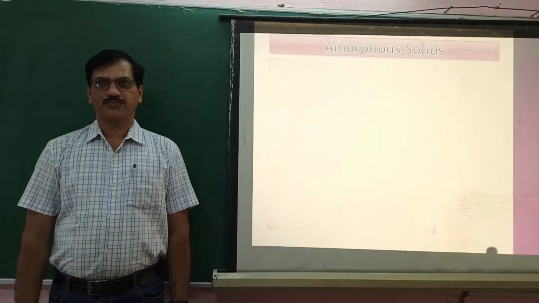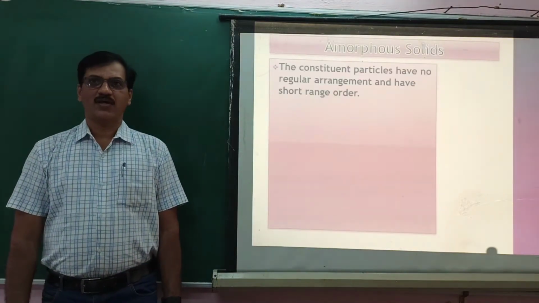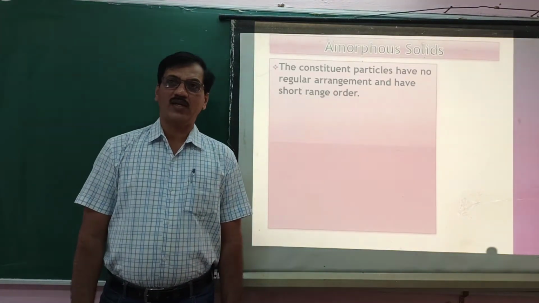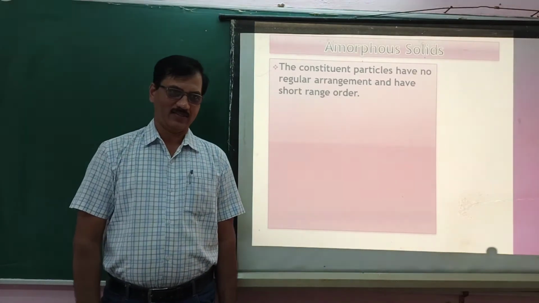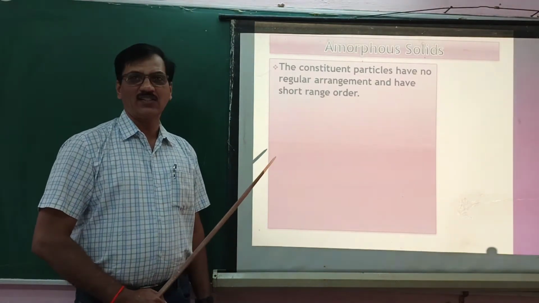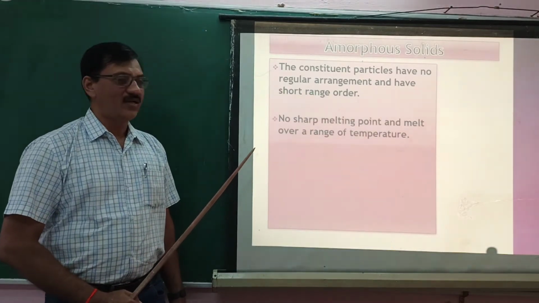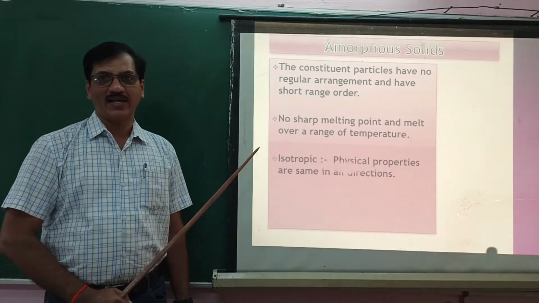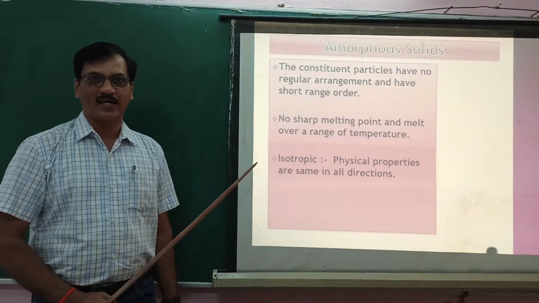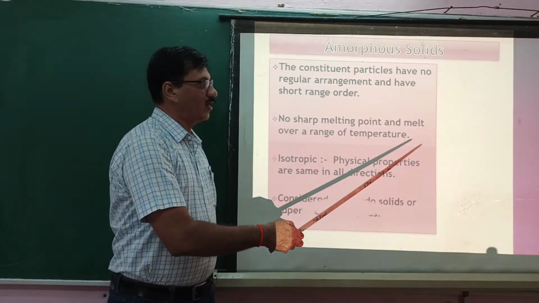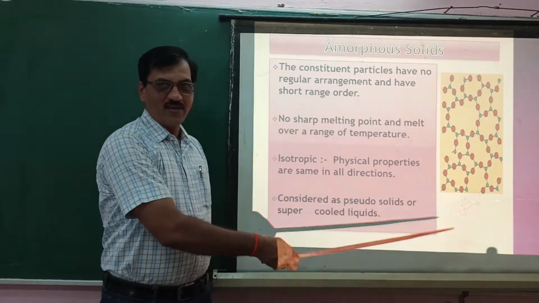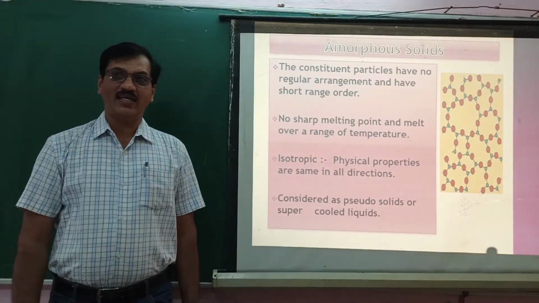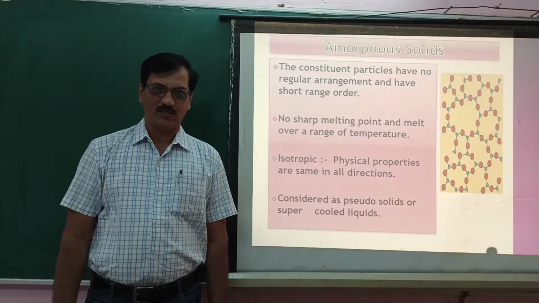Now coming to amorphous solids. The constituent particles have no regular arrangement and they have short range order. That means the particles are not regularly arranged. You can see that the same particles are not arranged in the same way throughout.